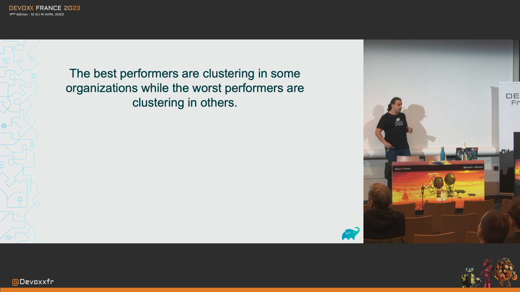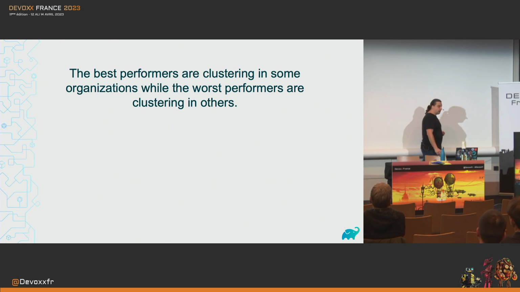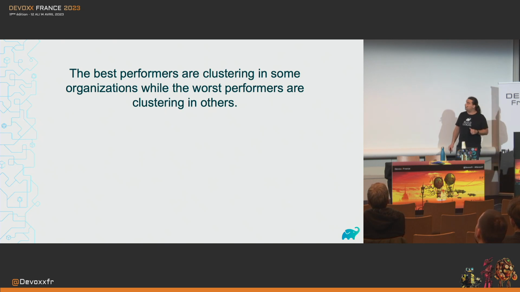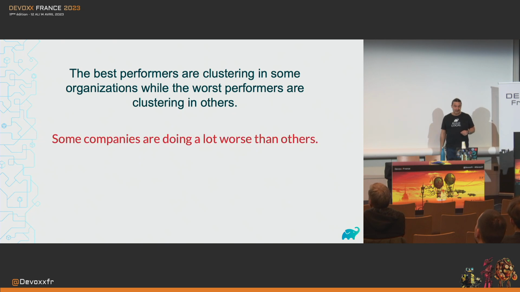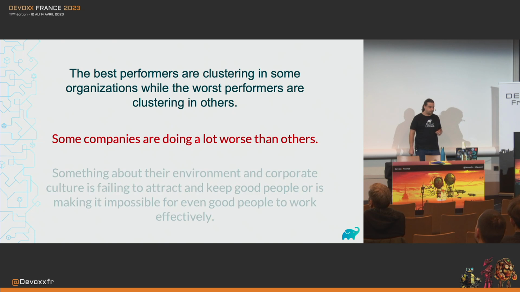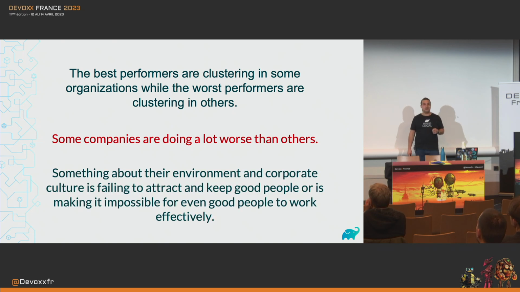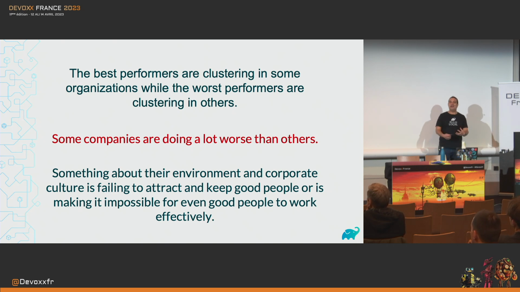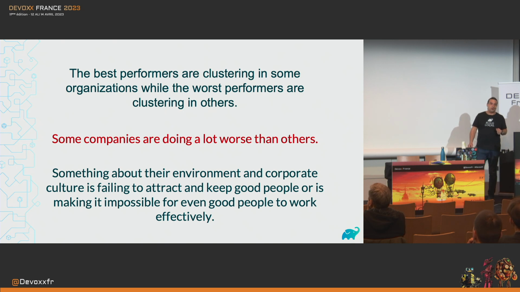Well, we drew that the best performers are clustering in some organizations, while the worst performers are clustering in others. Some companies are doing a lot worse than others. And there's something about the environment or the corporate culture that's failing to attract and keep good talent, or making it impossible for good people to work effectively, okay?